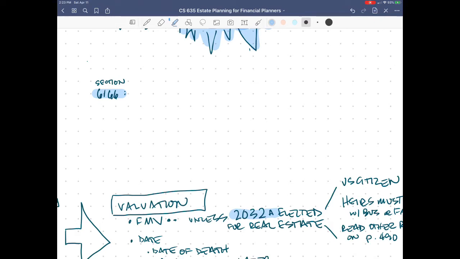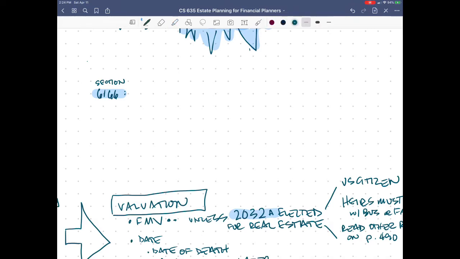As you'll recall, you got 9 months after the date of death to pay any estate taxes that are due. And of course, if all of your wealth is tied up in this asset that's illiquid, it might be very difficult for you to make that happen. It might be hard to make that payment 9 months later without creating a hardship. So 6166 allows you to extend it for up to 14 years.